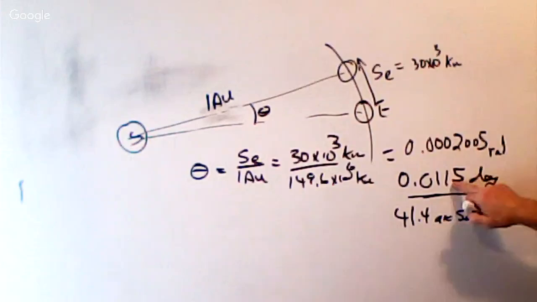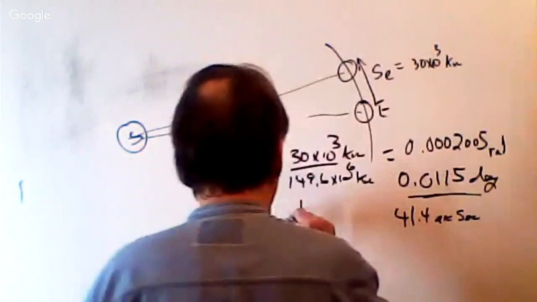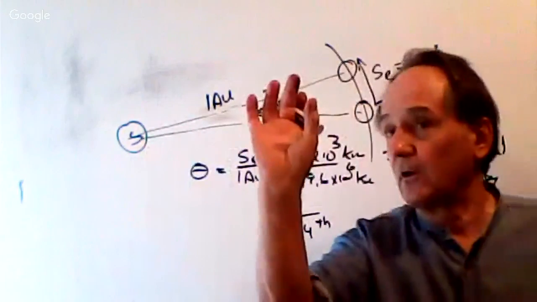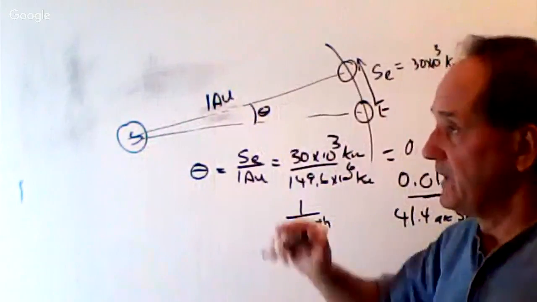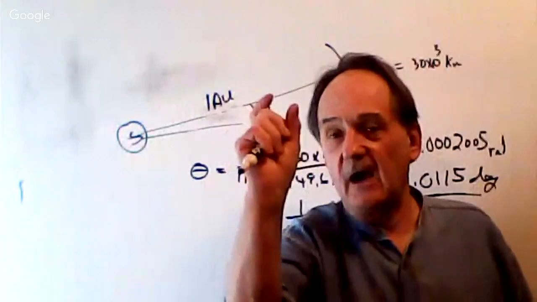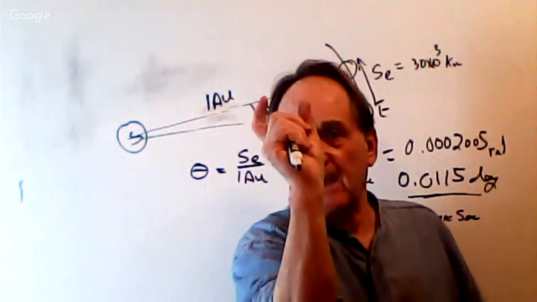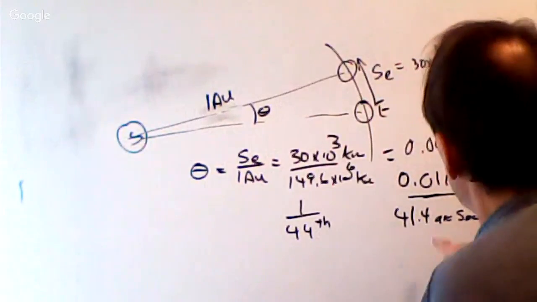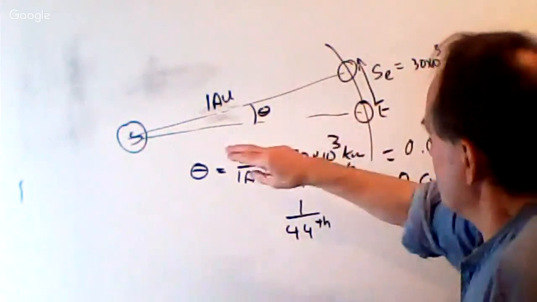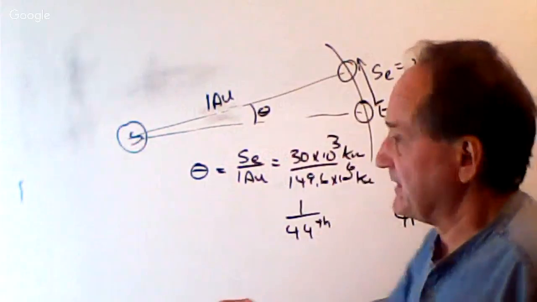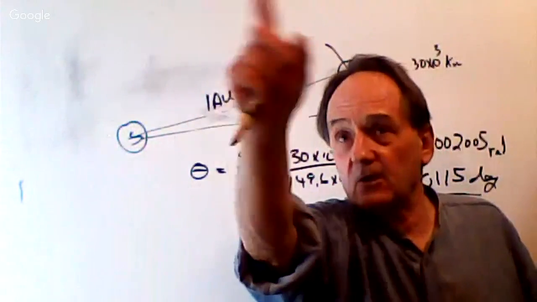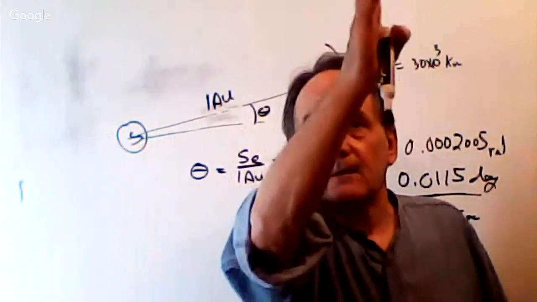Now, this works out to 1/44th the angular diameter of the sun or the moon. We see the sun and the moon in the sky at an angular diameter of about 1/2 degree. So the Earth moves with respect to the sun less than 1/44th of the angular diameter, just a sliver.